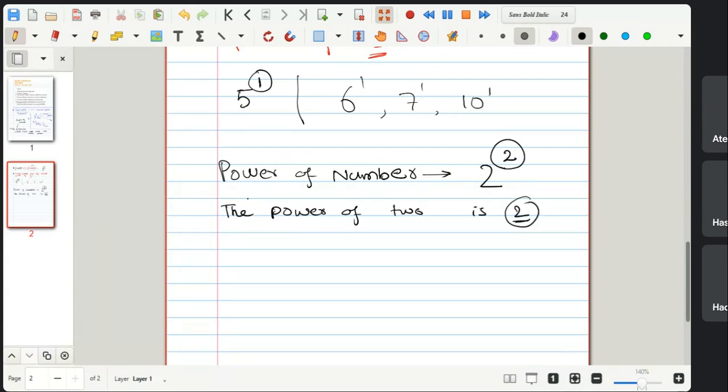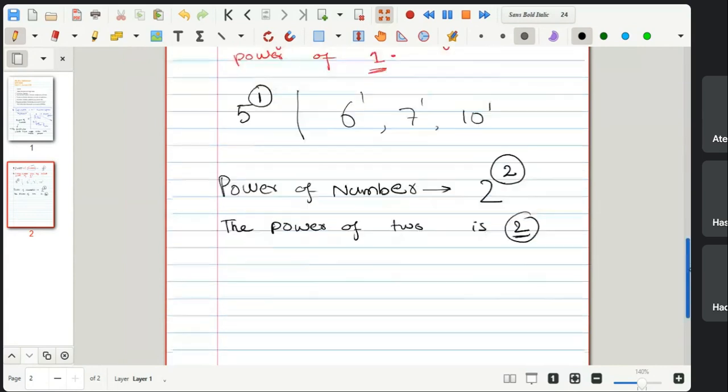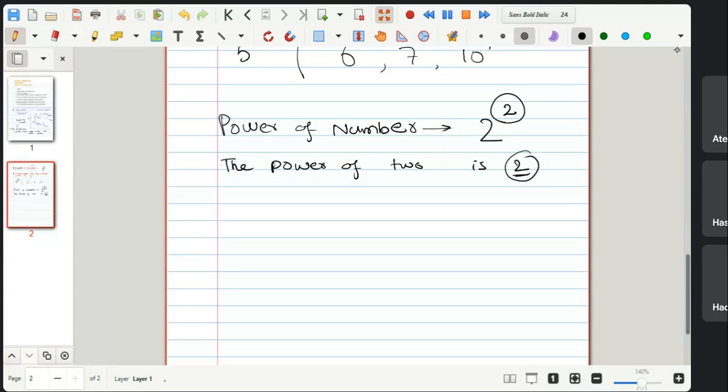Okay, so what do we actually get from this? Let me write with the red pen. It means that 2 will be multiplied by itself 2 times.